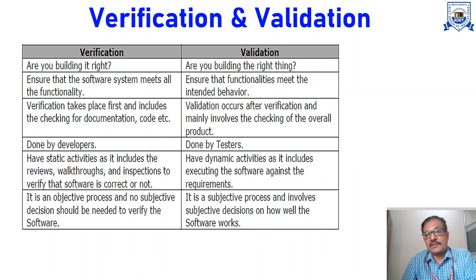But validation is a subjective process and involves subjective decisions on how well the software works. So this is the way we can differentiate between verification and validation. Clearly, verification is involved with the review and inspection of the documents, and validation is dynamic in nature and involves the real execution of the code.